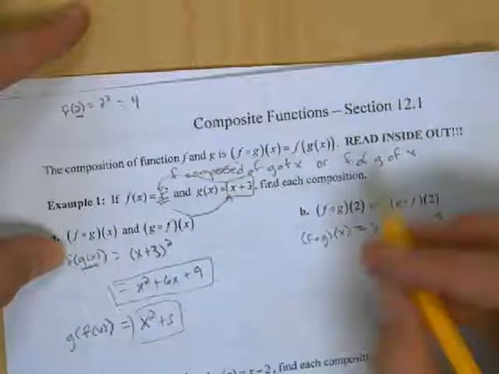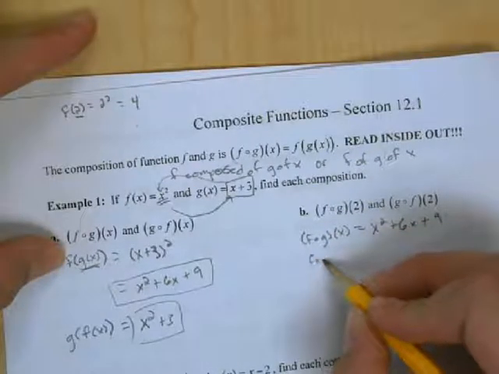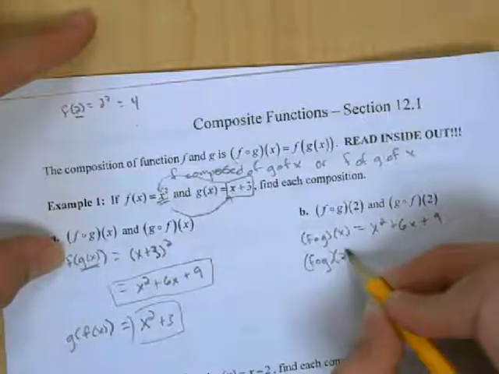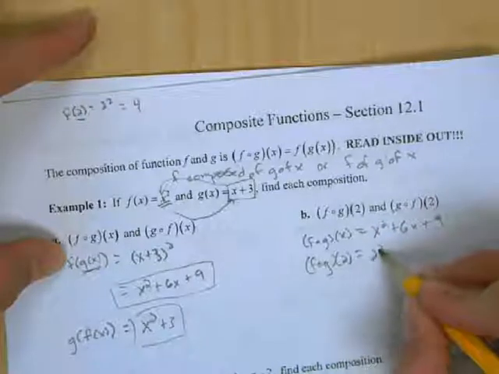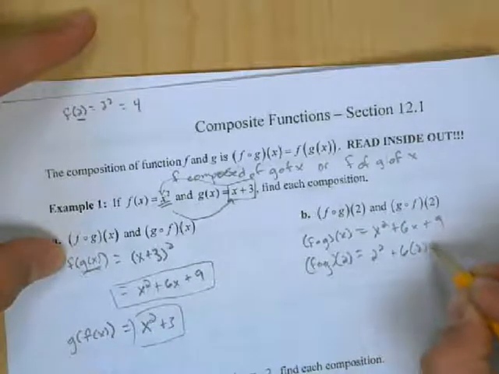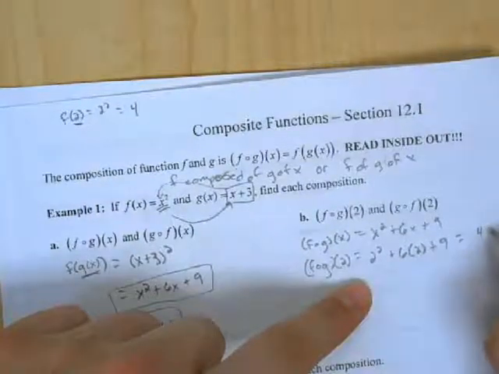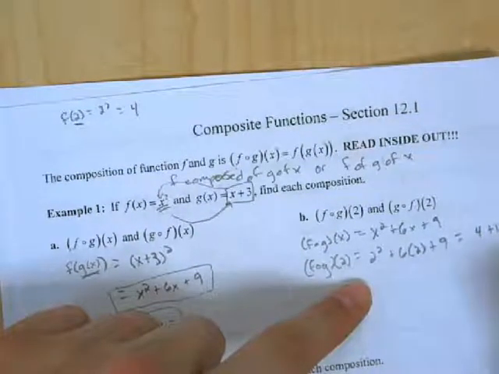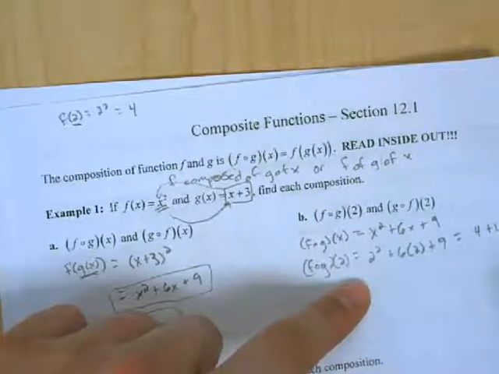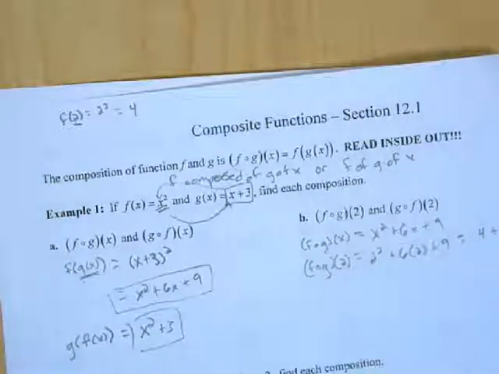So if I want to find F composed of G of 2, I'm just going to replace all my X's with 2's. 2 squared plus 6 times 2 plus 9. So that's going to be 4 plus 12 plus 9, which is 25. Sorry, you can't see that.